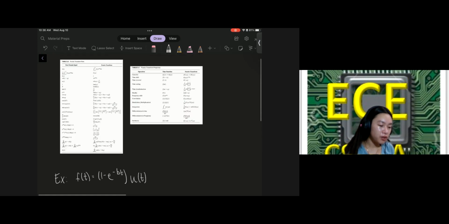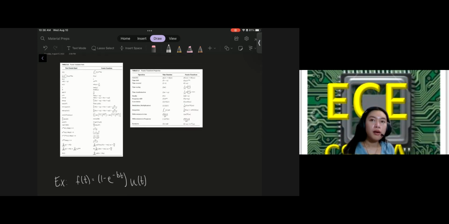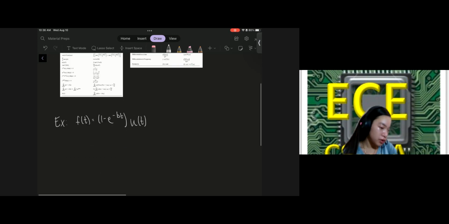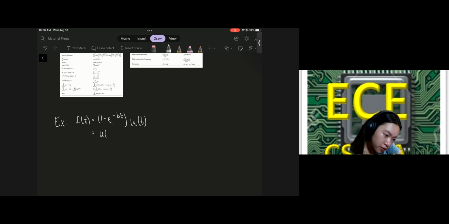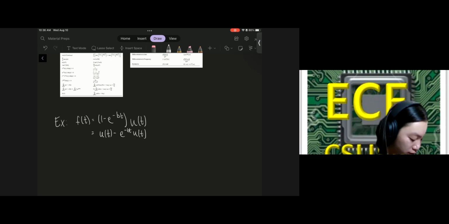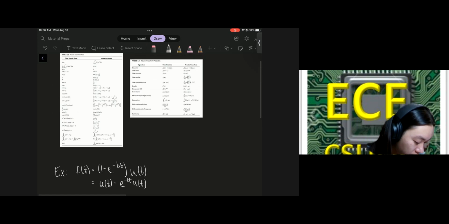I'm going to rewrite this function so that it looks more like something on the table. What I'm going to do is distribute that u of t, so it becomes u of t minus e to the negative bt times u of t.